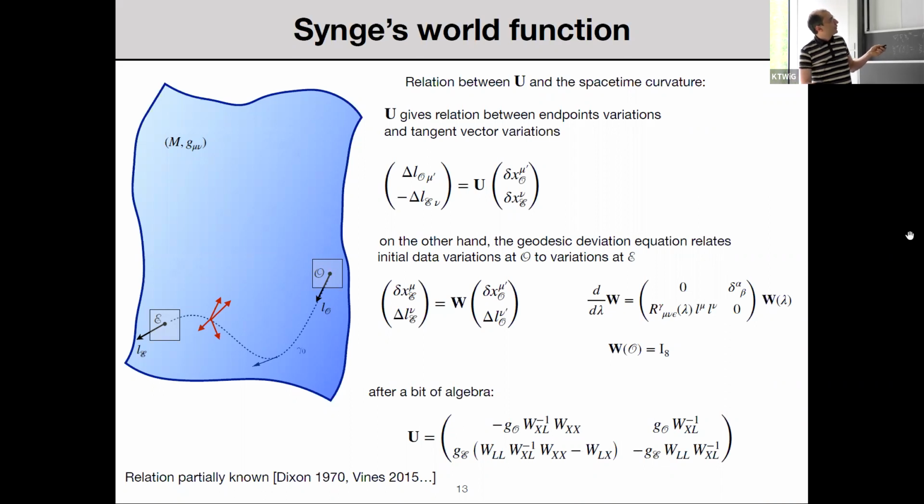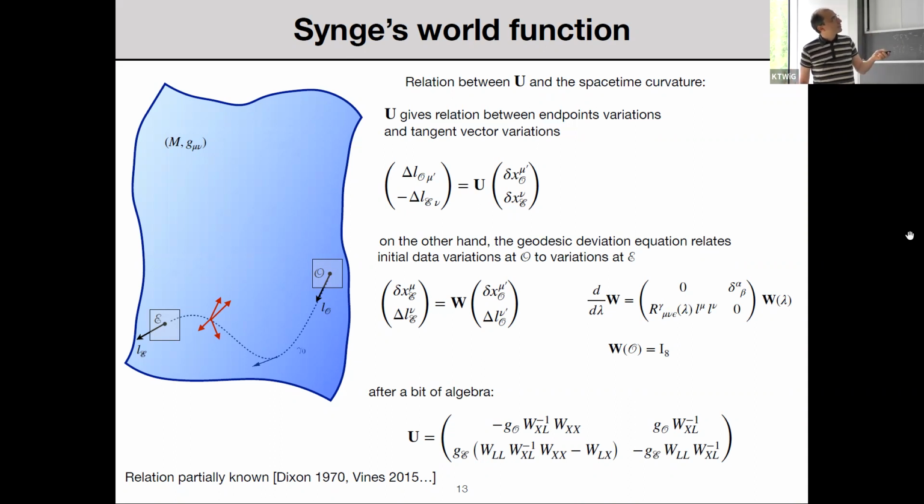So if you imagine that you hold your geodesic with your fingers like a string here and there, and you slightly vary the endpoints, the variations of the tangent vectors will be given by u times these things here. I think it's also in Synge's textbook.